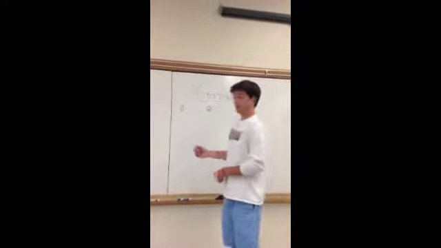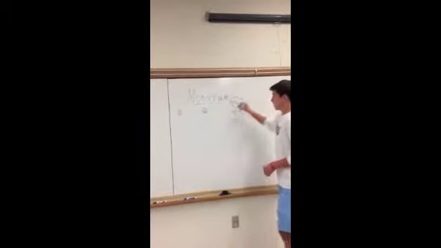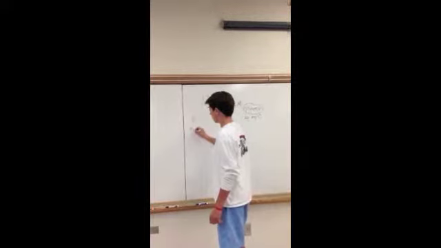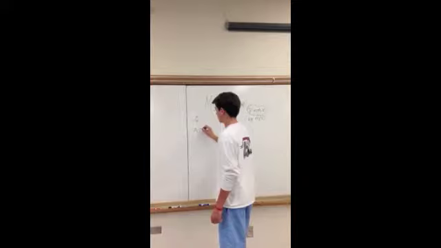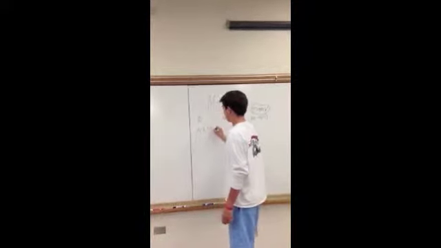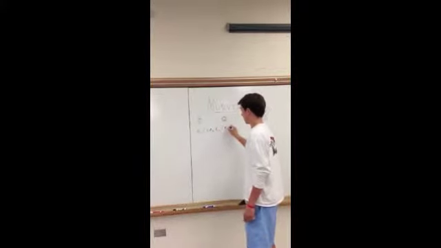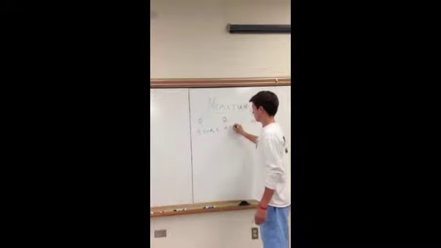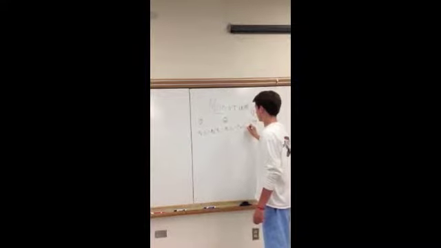So to set up an equation, you would use what we found here, and you would have m1 initial times v1 initial plus m2 initial times v2 initial equals m1 final, the masses shouldn't change, times v1 final plus m2 times v2 final.